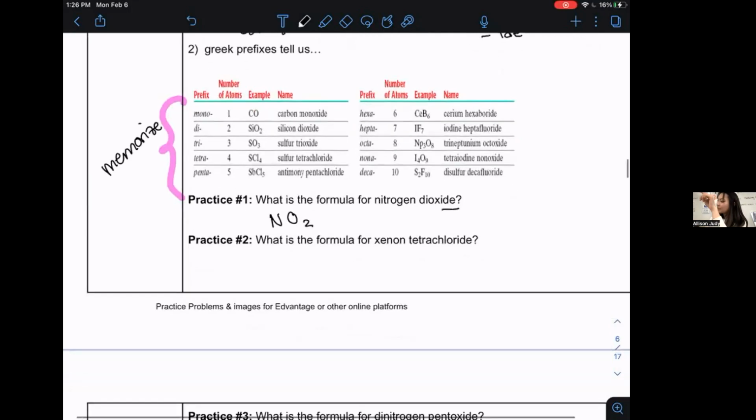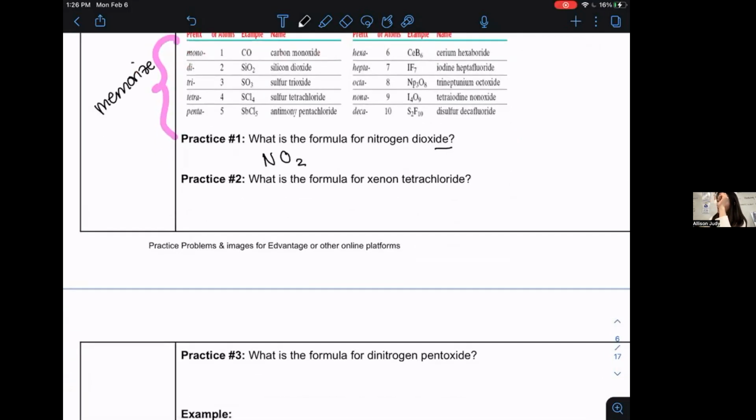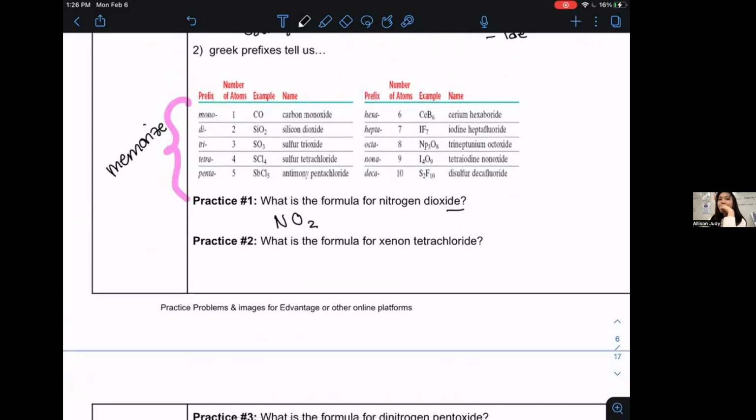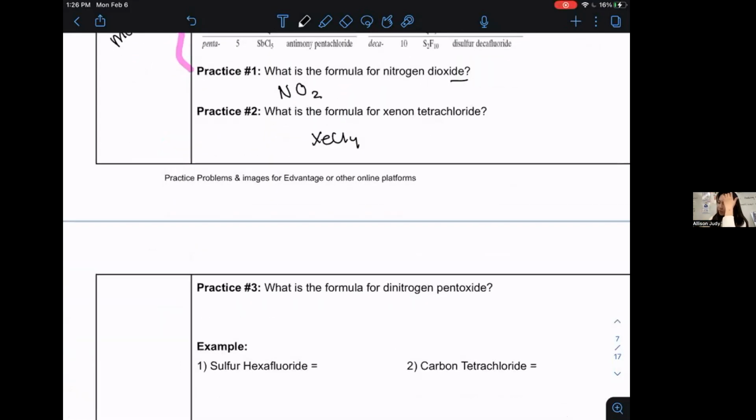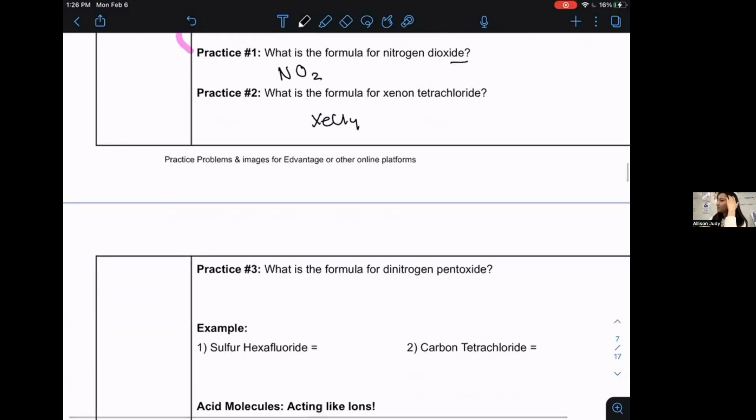So what do we have for the formula of xenon tetrachloride? Oh my God, it's a miracle. Good job. How about the next one? Problem 3. Oh my god, Ava, you got N2O5. Also, congratulations on your swim stuff. I saw a picture on Insta. Good job.